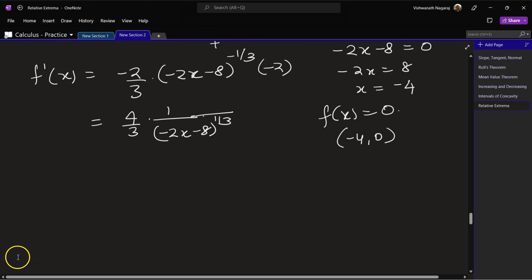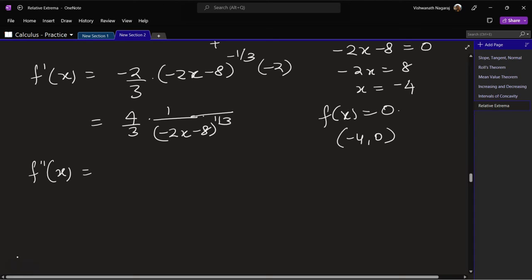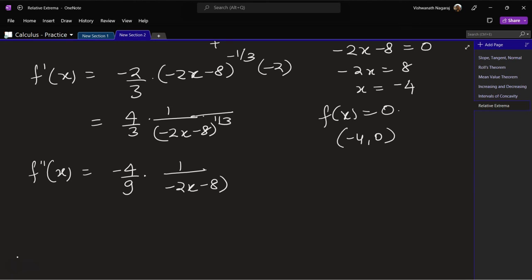Now, if we take the second derivative, f double prime of x, we will end up with minus 4 by 9 times 1 by minus 2x minus 8 to the power of 4 by 3 times minus 2, which gives us 8 by 9 times 1 by minus 2x minus 8 to the power of 4 by 3.